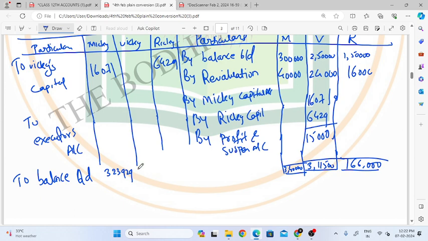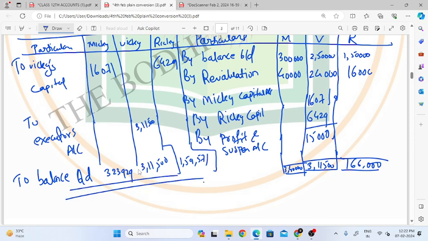So here we'll get 3,11,500 only, because there is nothing on the debit side of Vicky. Then Ricky's we are getting 1,59,571. So this is the total what we are getting.